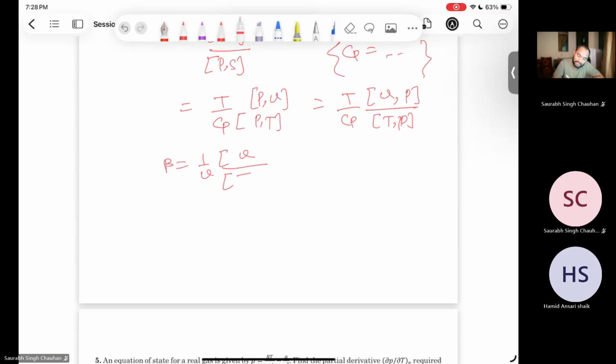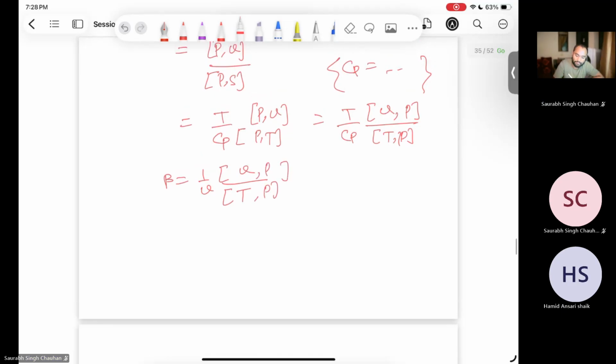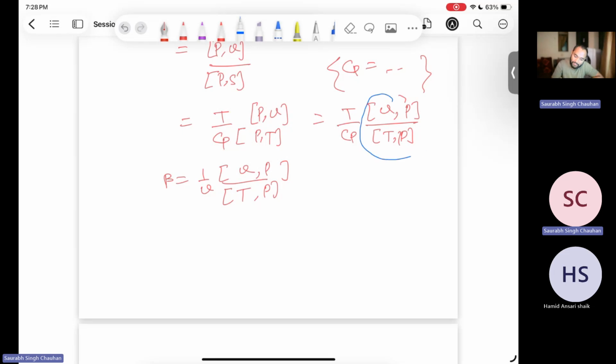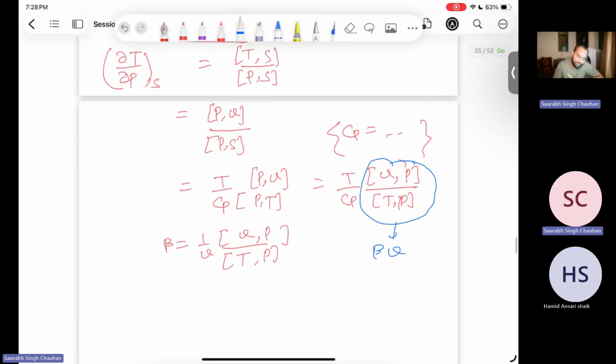So V comma P divided by T comma P, this is beta times V. So what we had to write, we have got as T beta V by Cp.